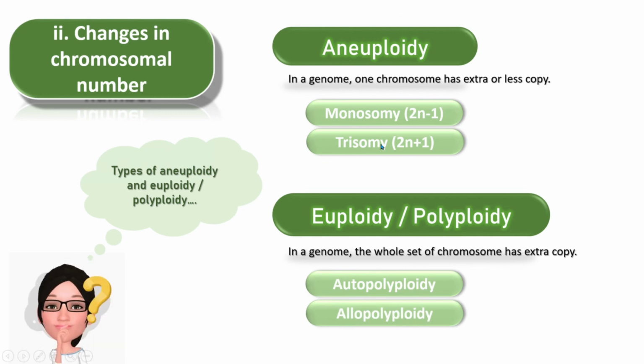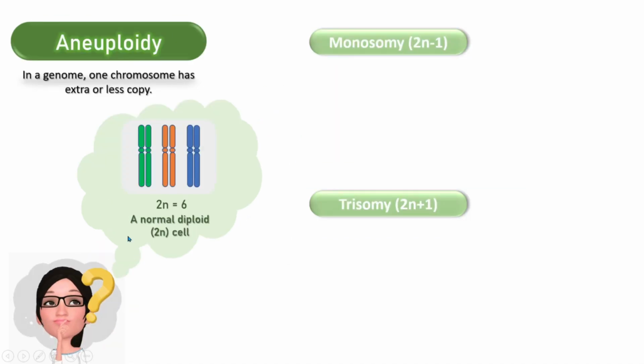So let's discuss aneuploidy first. Let's say we have a normal diploid cell containing 6 chromosomes, or 3 pairs of homologous chromosomes. Monosomy 2n-1 is a condition in a diploid cell where one of the homologous pairs loses its homologous partner.